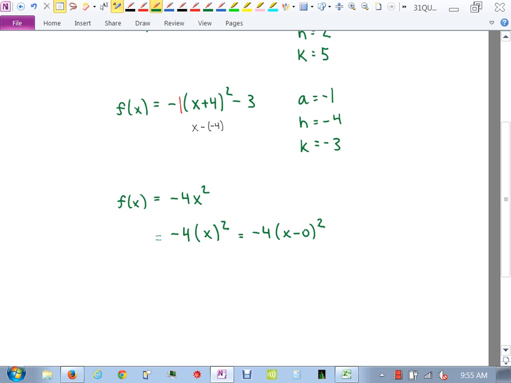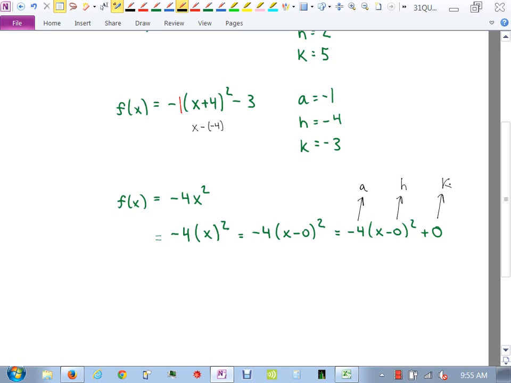What's x minus 0? Still x, right? So that's still the same thing? Do you agree with this? Is that the same thing? Do you see by me doing that what a is, what h is, and what k is?